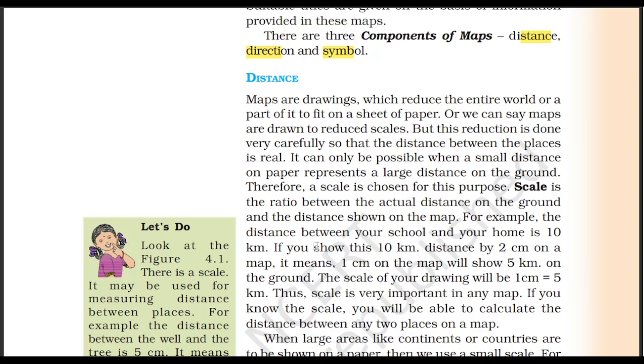what is the distance on the map? Means 1 centimeter equal to 5 kilometer, when 100 kilometer equal to, sorry, 100 equal to 5 into 10 to 50 and 20 centimeter, 20 centimeter on the map.